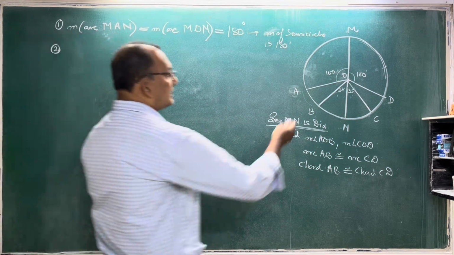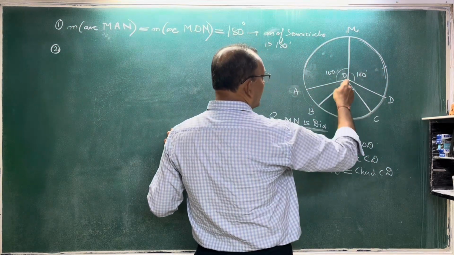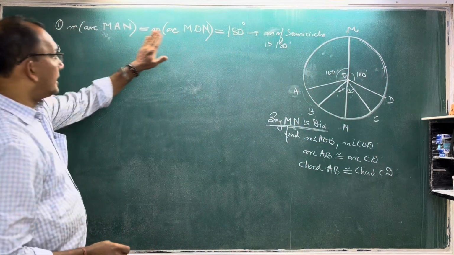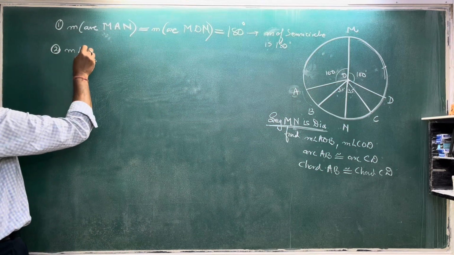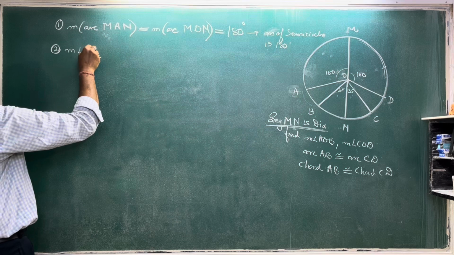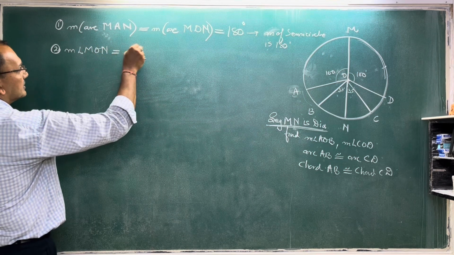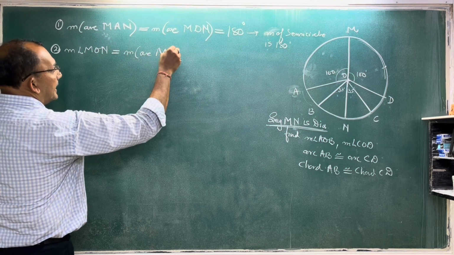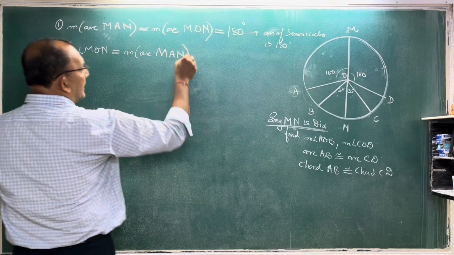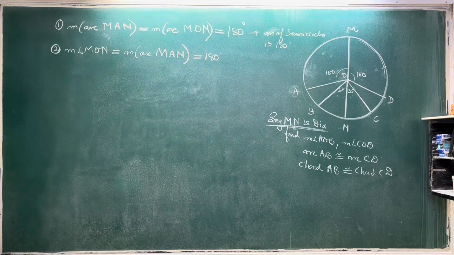Now, for this particular arc, the central angle is which one? So we have measure of angle MON is equal to measure of arc MAN, that is equal to 180 degrees. Okay?